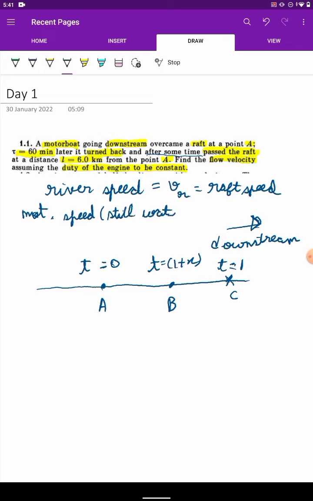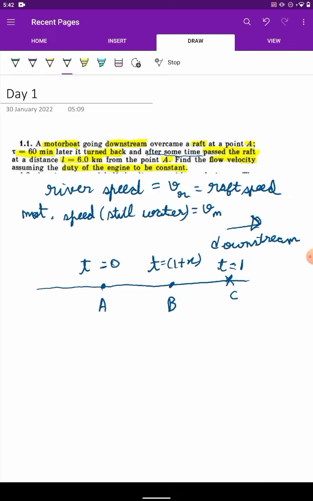So there is a reason for still water, let's say it is Vm. Why am I considering this still water thing? This is important because the constant duty of the engine means that on its own it has a constant velocity. Now if the motorboat is going downstream, that is, if the direction of the motorboat and the direction of the river flow are the same, then obviously its speed would be more.